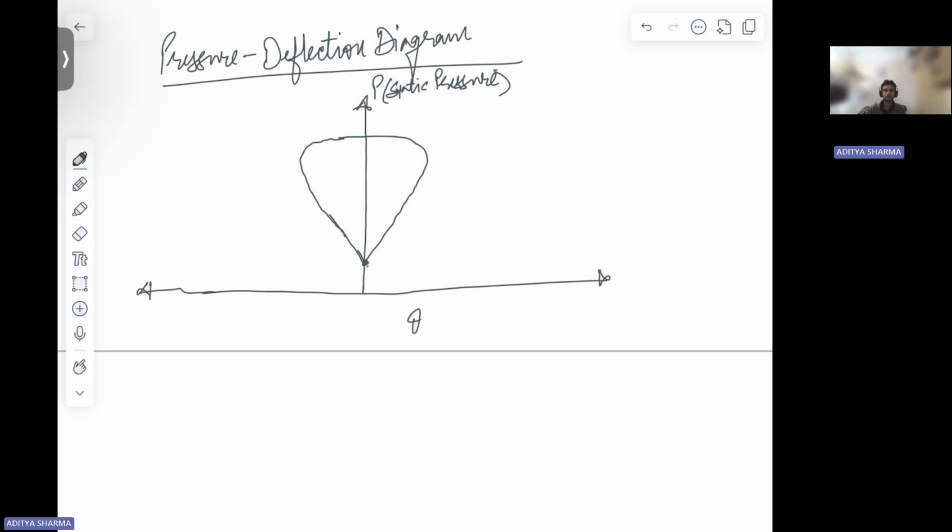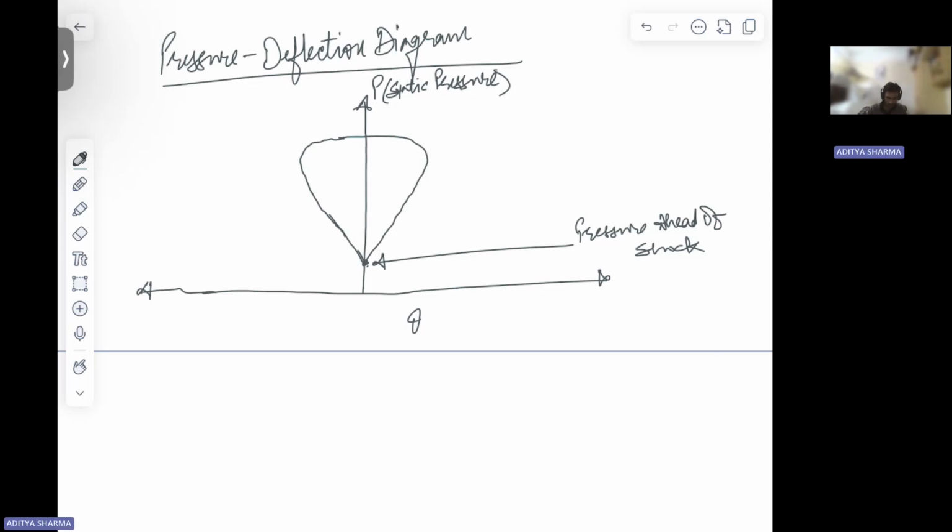Now with theta, what happens to this static pressure? So this point, first of all, corresponds to your pressure ahead of the oblique shock. Then there are two lobes.